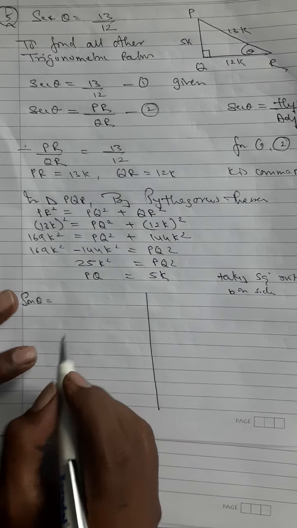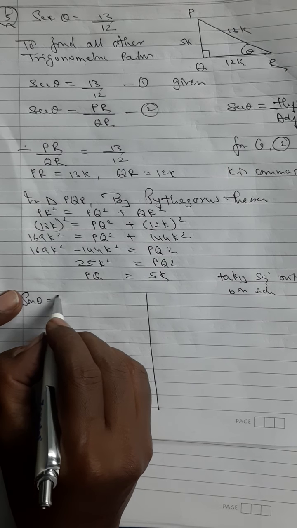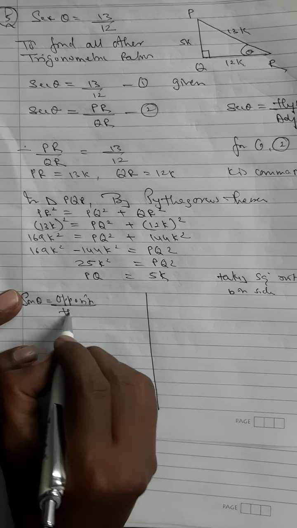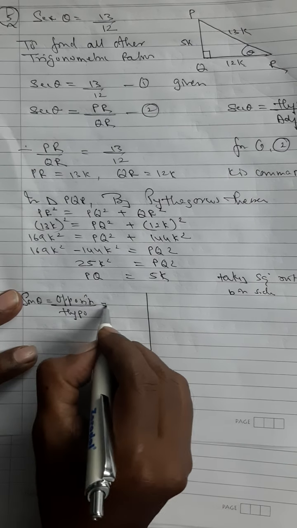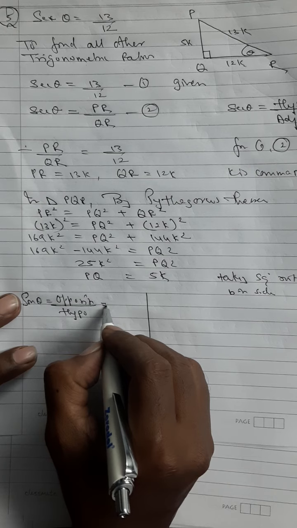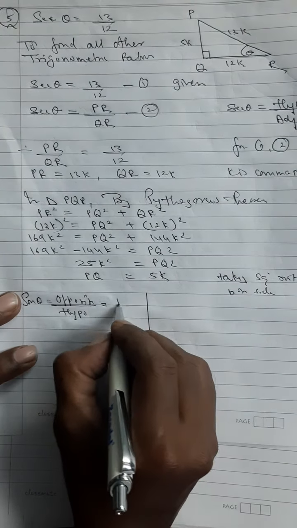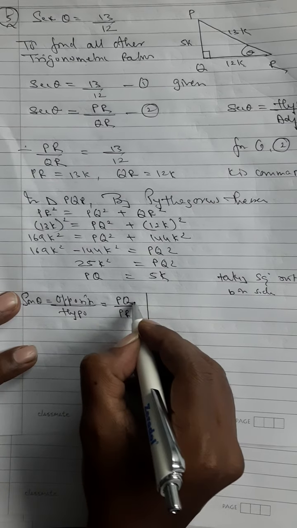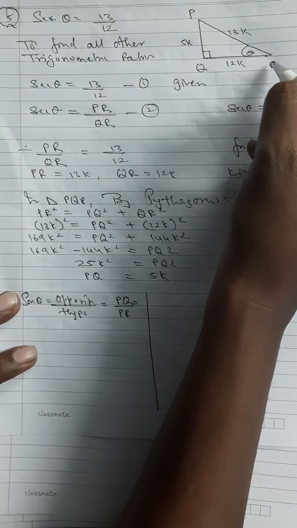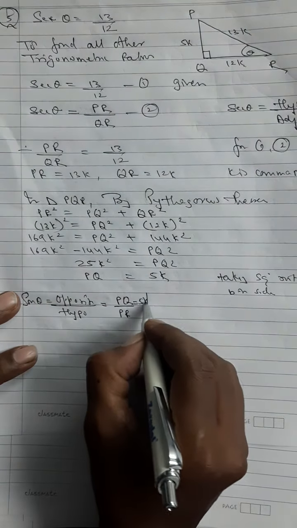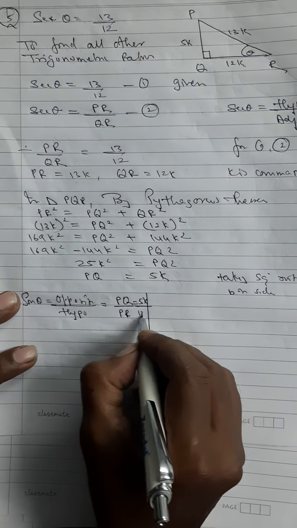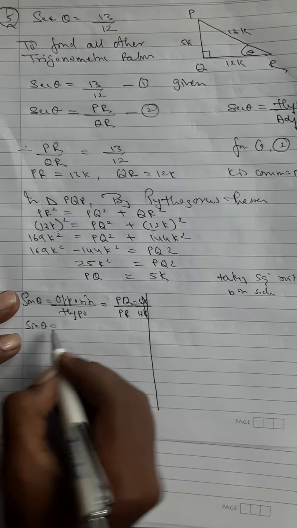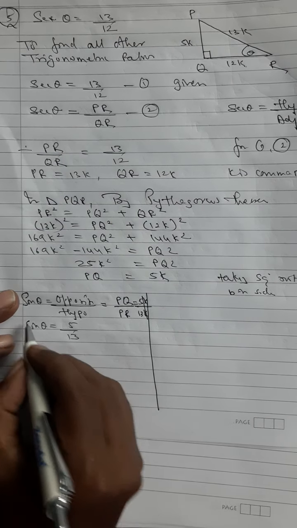Sin theta is equal to opposite side upon hypotenuse. For sin theta, opposite side is PQ upon hypotenuse is PR. That will be equal to opposite side PQ 5k, PR is 13k. K cancels with k. I will get sin theta is equal to 5 upon 13.